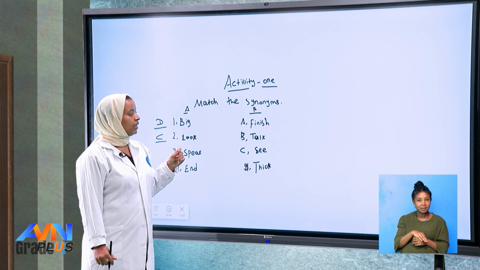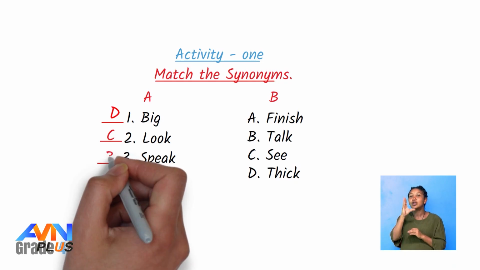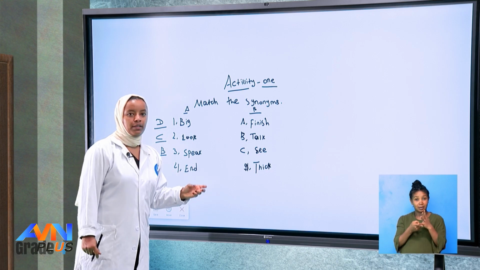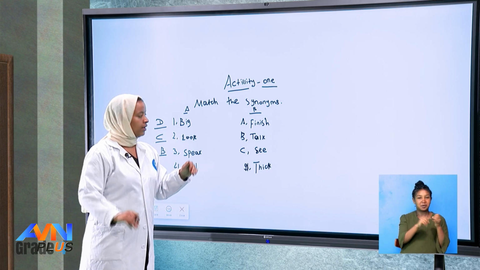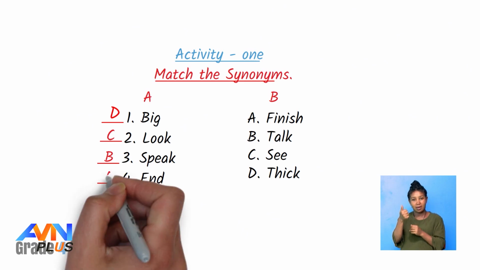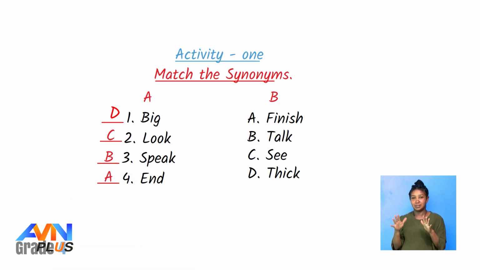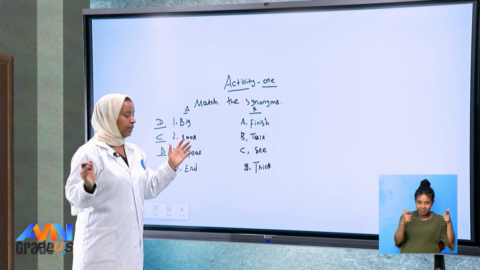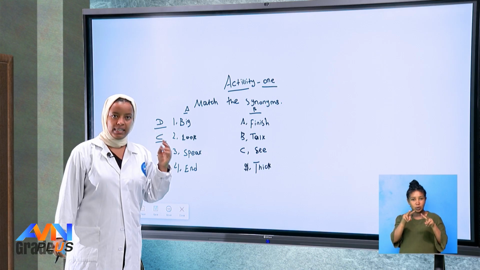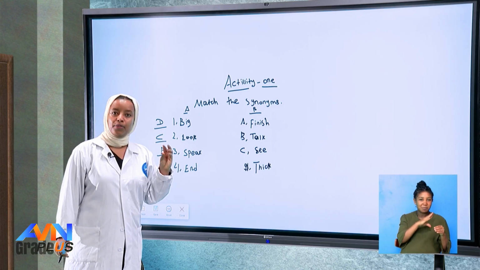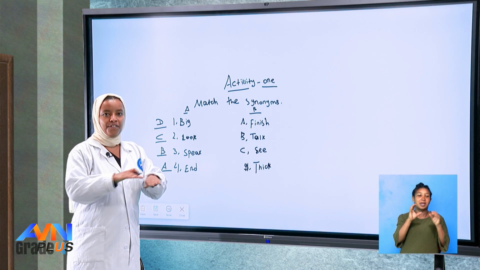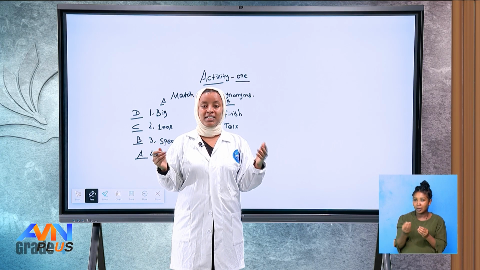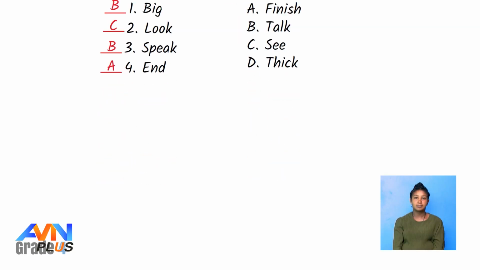The same meaning is B, talk. Here is 4, end. The answer is A, finish. Let us read once. Big, thick. Look, see. Speak, talk. End, finish. That is activity 1. Let me give you activity 2.